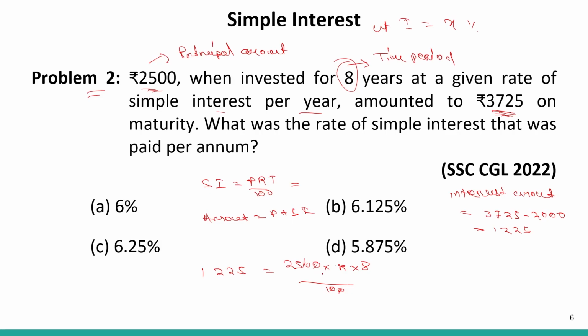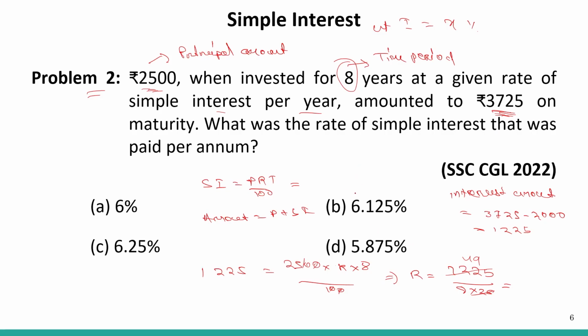Cancelling these two zeros out, R is equal to 1225 by 8 into 25. This will be, I think, 49, and this will be just above 6%.